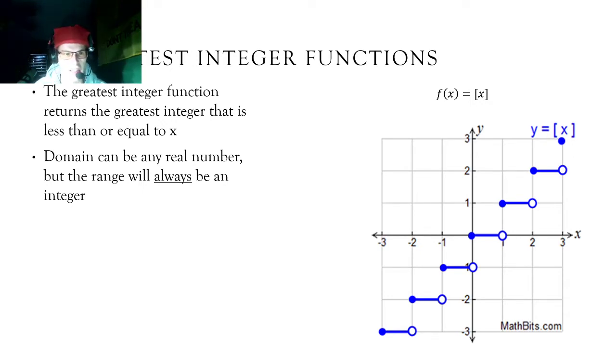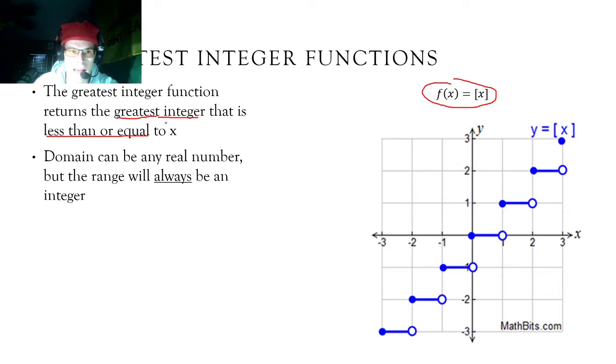So the greatest integer function is this particular function right here. And what this function does is it returns the greatest integer that is less than or equal to x. What does that mean?